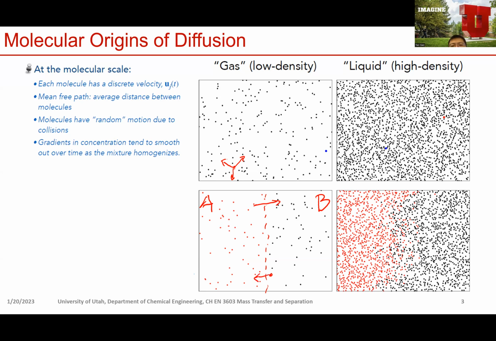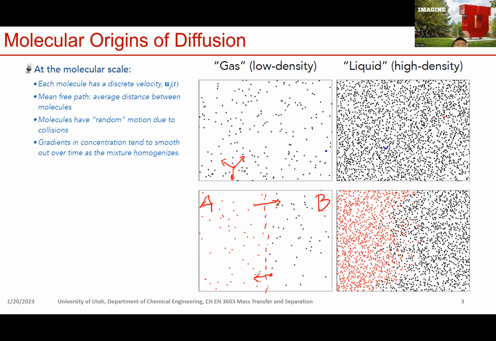Okay. Now, obviously, we can tell that there are more molecule A on the left than on the right, right? So which means there's a higher chance for molecule A to move to the right than for molecule A to move from the left, right?